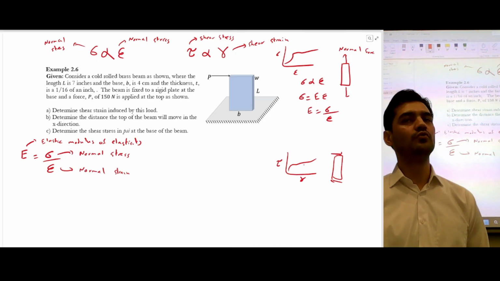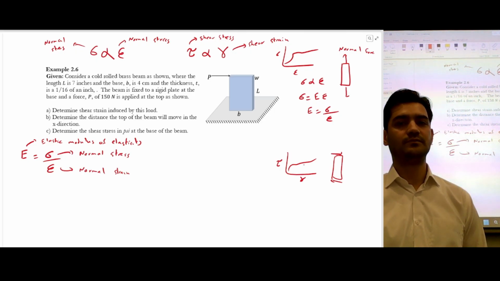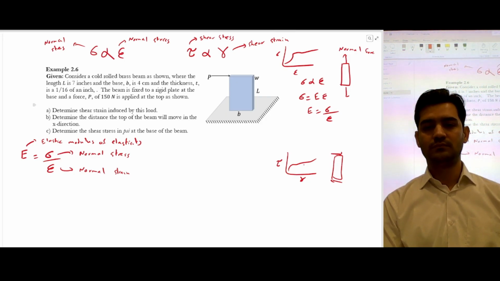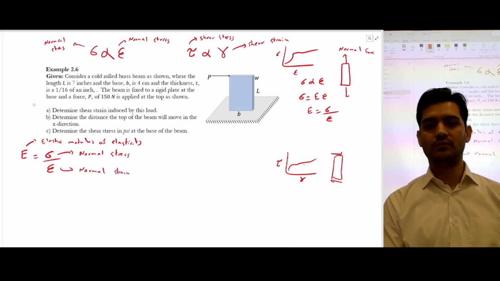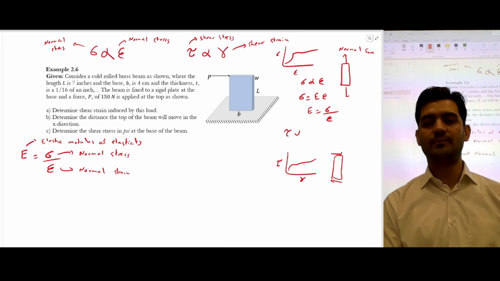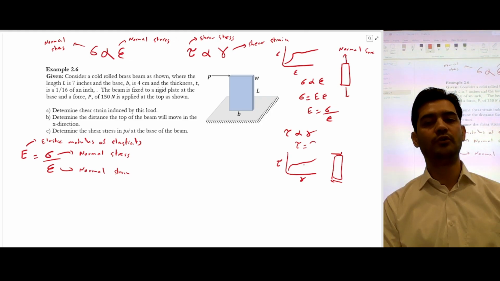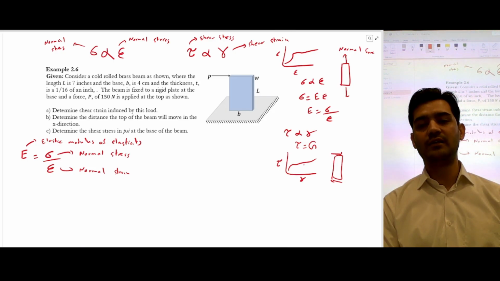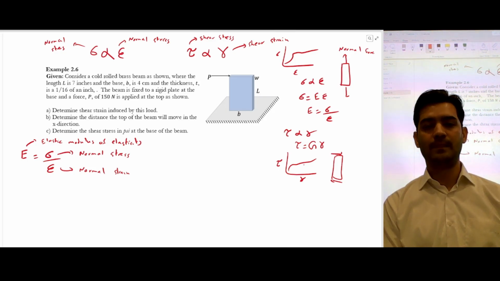And this is also true for the elastic range. So we know shear stress is directly proportional to shear strain. If we remove the proportionality, we need to put a constant. So for normal stresses and strains, I put E. For shear stresses and strain, I will put the value G.